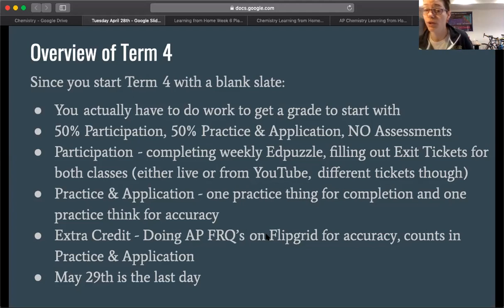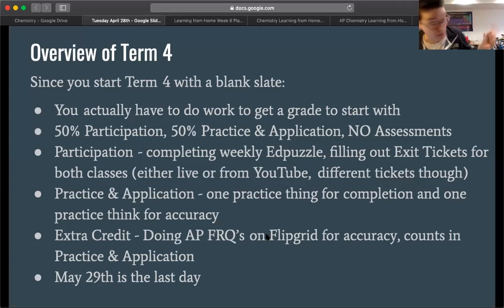So in general, term 4 cannot bring down your course grade, but it can bring up your course grade. And since that happened, it changed the course grade calculation formula, so I had to recalculate what I predict course grades will be.